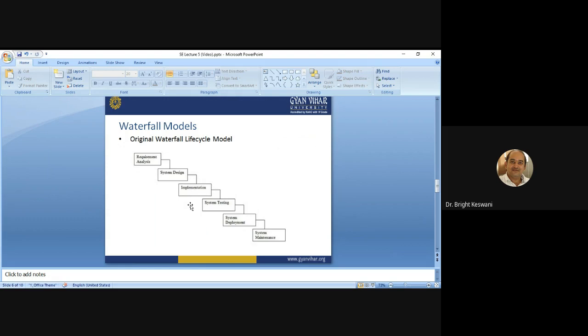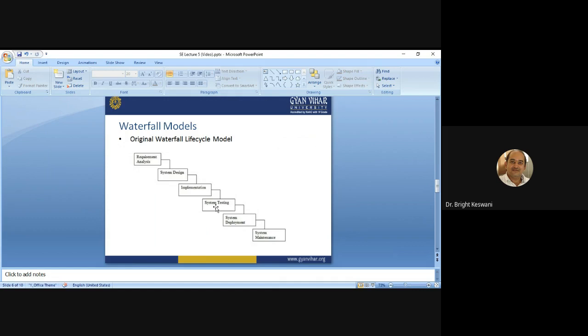This model is just like a one-way street. Once phase X is complete, and the next phase Y has started, then there is no provision of going back. Secondly, it lacks overlapping and interaction among phases. Thirdly, the requirements are frozen in this model. So you cannot start any phase again.